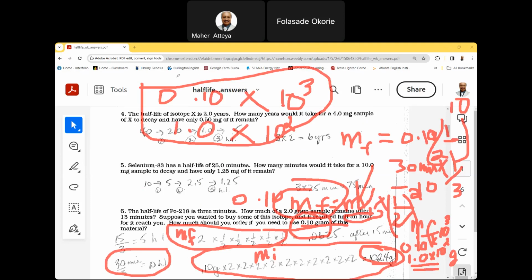If you round it to 2 sig figs, it will be something like this, power 2 or power 1, whatever. That's scientific notation. Yes, 10 raised to power 2. Okay, so we are done with this.